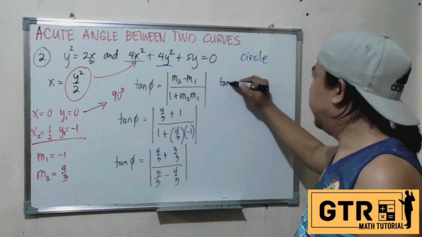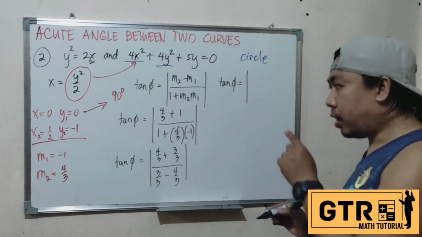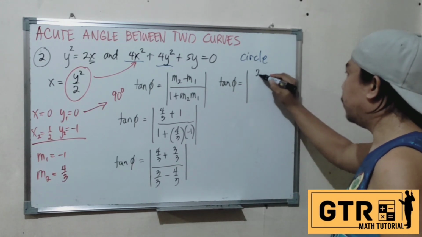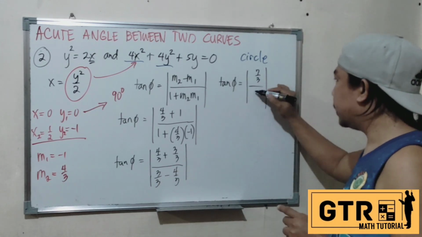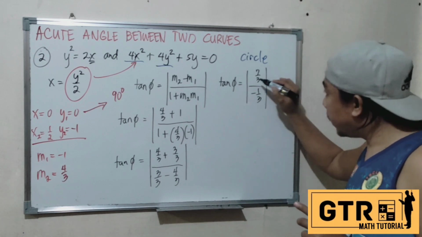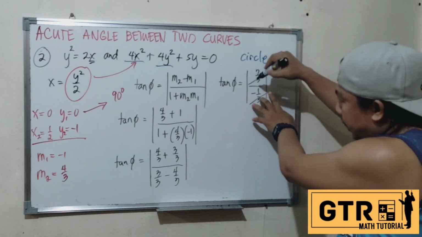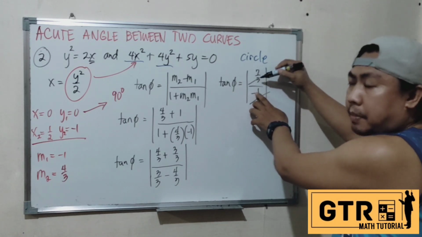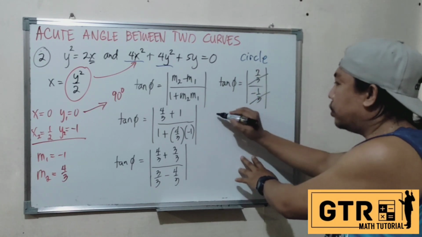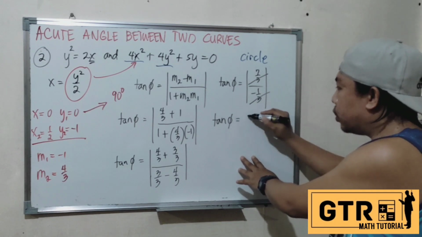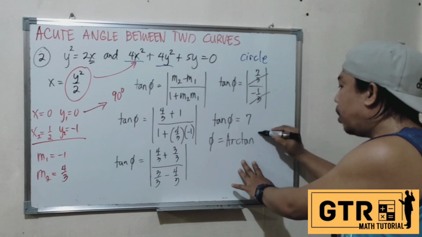Therefore, tangent phi is equal to 4/3 plus 3 over 3, that is 7 over 3, all over 3/3 minus 4/3, that is negative 1/3. So simplify: we can cancel the 3 and 3, and then 7 divided by negative 1 is negative 7. And then take the absolute value. So tangent phi is equal to 7, and therefore phi is equal to arctangent of 7.